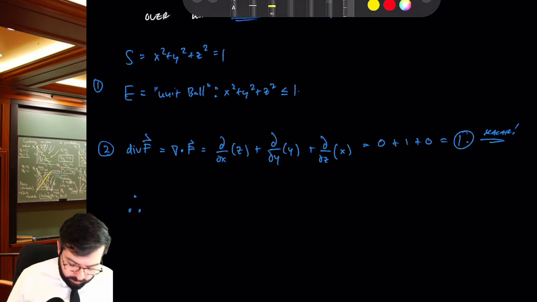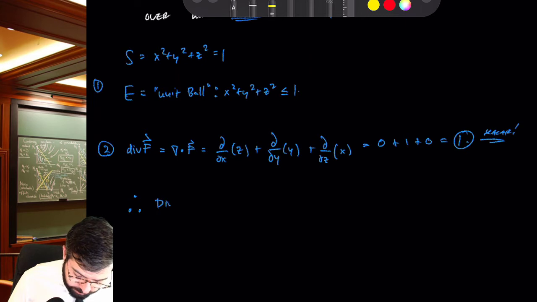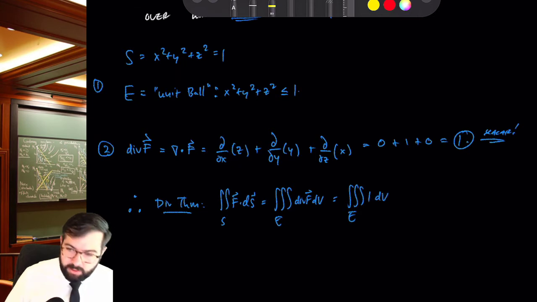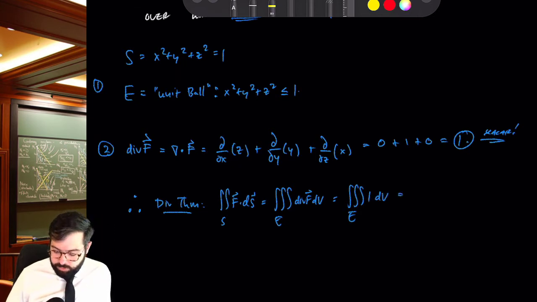So the divergence theorem tells us we've got enough to go on. This flux integral is equal to this, which is equal to the triple integral of 1 dV, which is really just the volume of the ball.